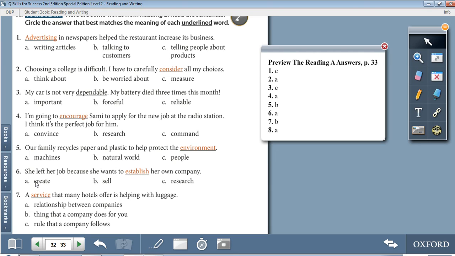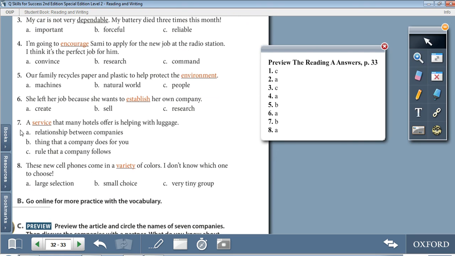She left her job because she wants to establish her own company. A. Create. 7. A service that many hotels offer is helping with luggage. B. Thing that a company does for you. And 8. These new cell phones come in a variety of colors. I don't know which one to choose. A. Large selection.